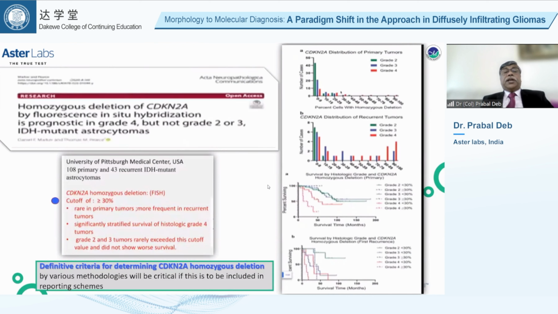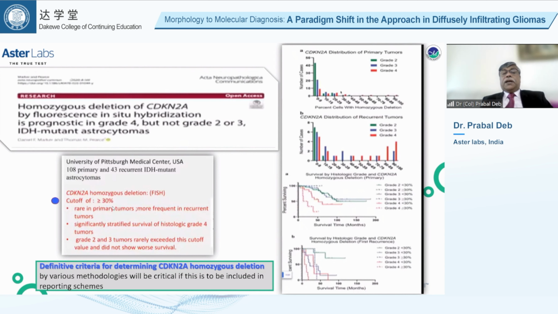Again, from University of Pittsburgh, they evaluated and assessed using FISH in grade 4, and they found that it's a definitive criterion that it has a better outcome.